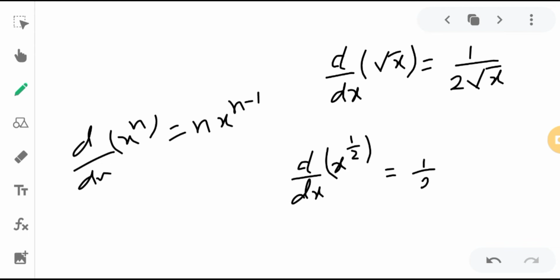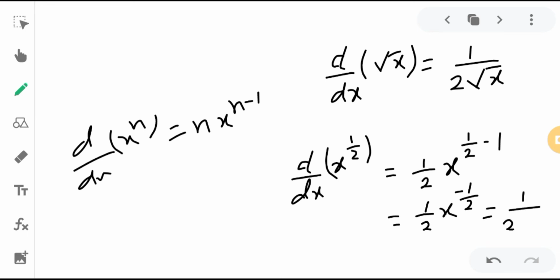So half, and x to the power 1 upon 2 minus 1 is minus 1 upon 2. Taking x to the power minus 1 upon 2 below, it becomes 1 upon 2 root x. From this formula only we are deriving this.